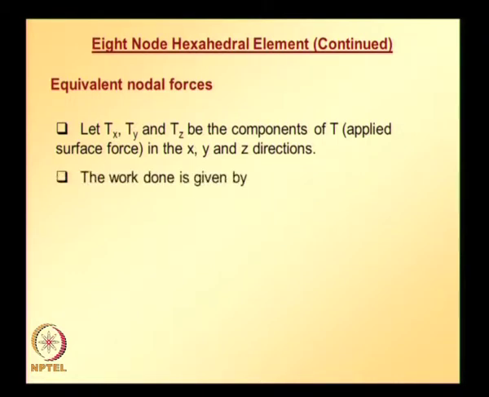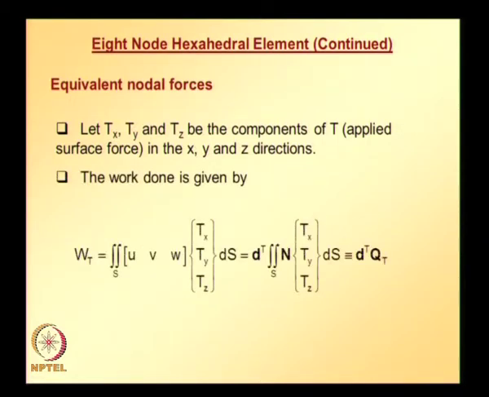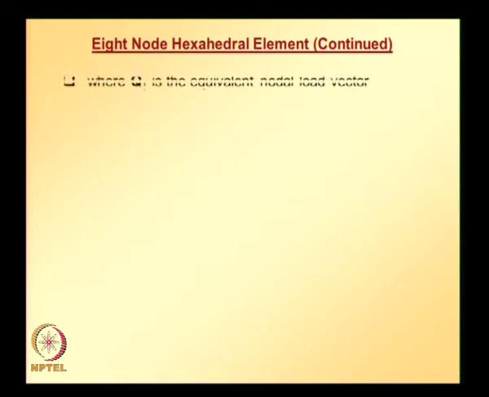So, work done by these forces is given by the traction components multiplied by the corresponding displacement components, integrated over the surface on which the forces are applied, and this can be further written compactly in the manner shown on the right hand side of the equation: D transpose Qt, where Qt is the equivalent nodal load vector.